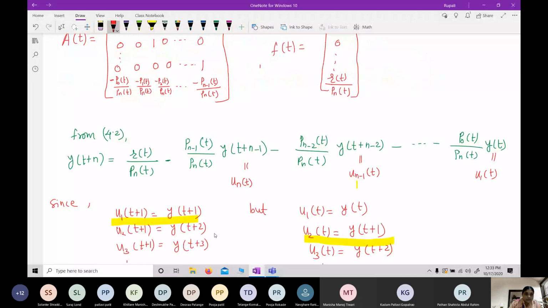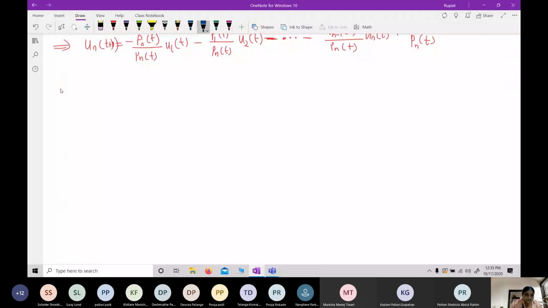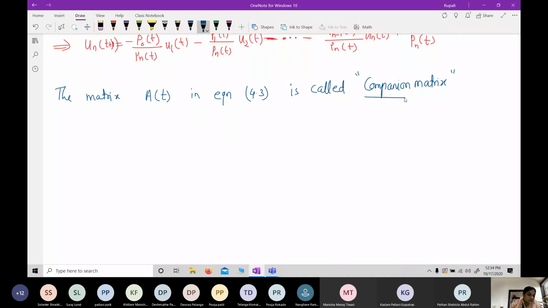So the matrix A of t in equation 4.3 is called the companion matrix of equation 4.2.